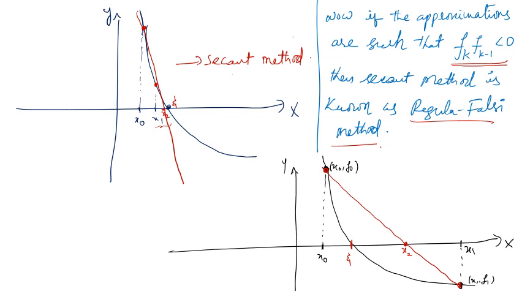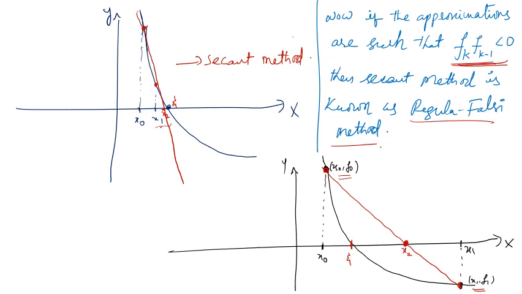But here I have to calculate f(x2) in regular falsi method. Once again, join these two points, get the straight line, it intersects at the point x2. In regular falsi method, after getting x2, find f(x2) to decide this condition.